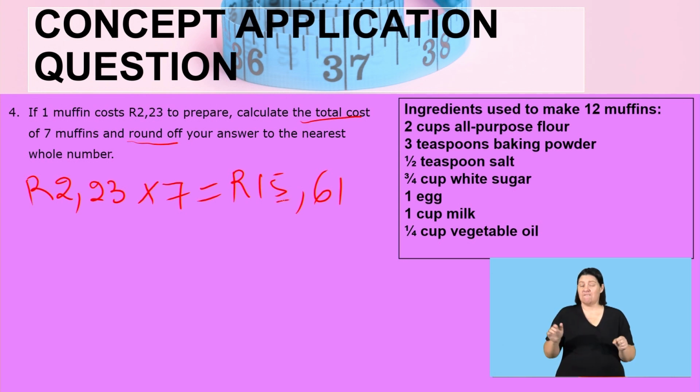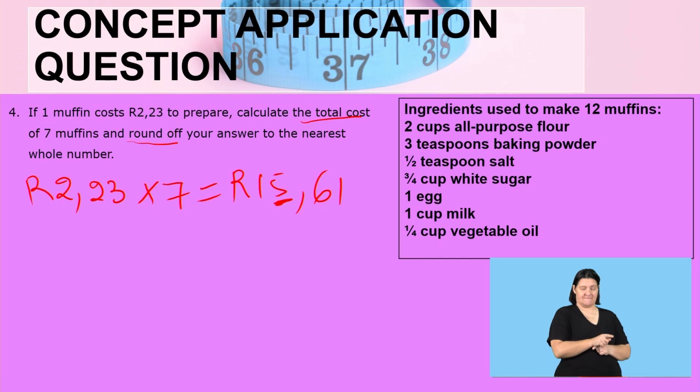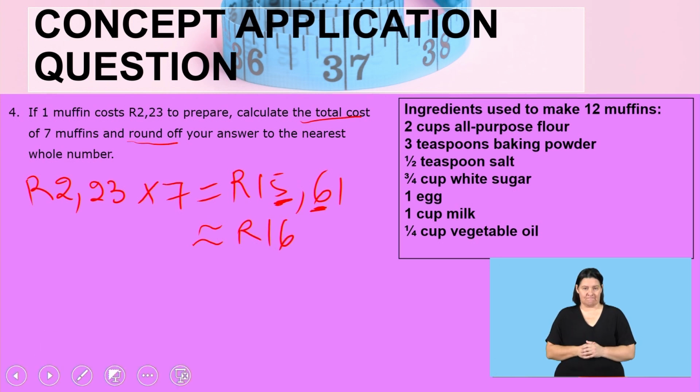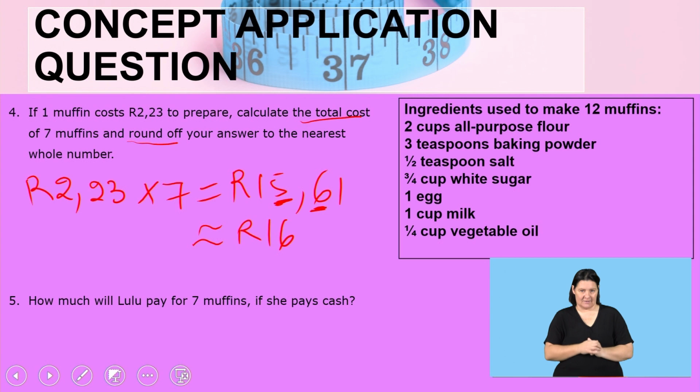The nearest whole number implies the nearest unit. The nearest unit that we have is 5. So 6 will be the value that guides us as to whether we are rounding up or rounding down. Remember the principle: 6 is more than 4, so we are going to round up. As we round this up, this is equivalent to 16 Rand. Then we've answered both parts of the question.